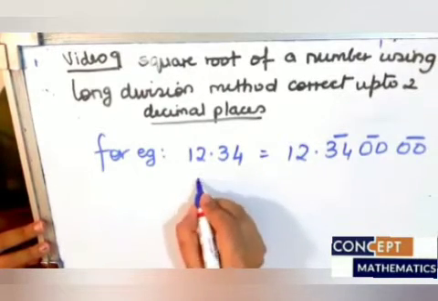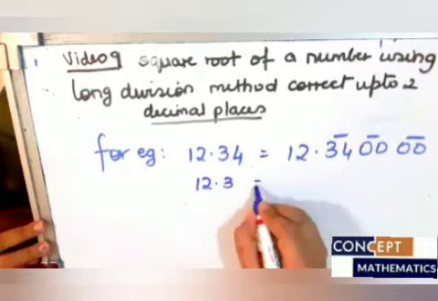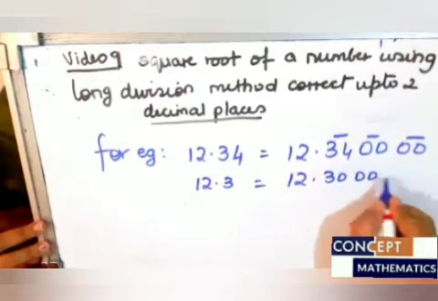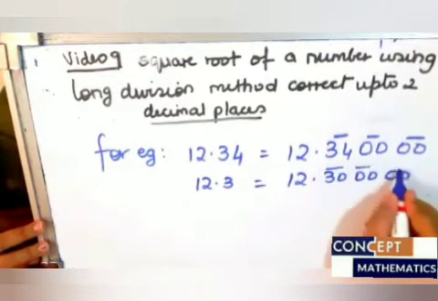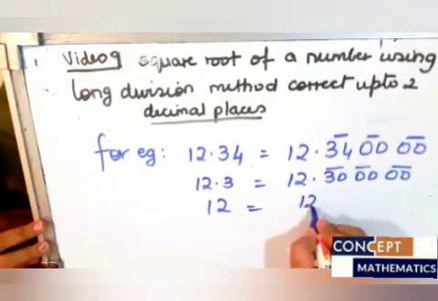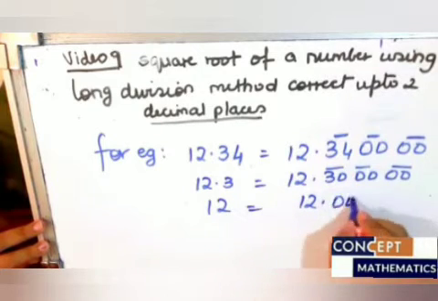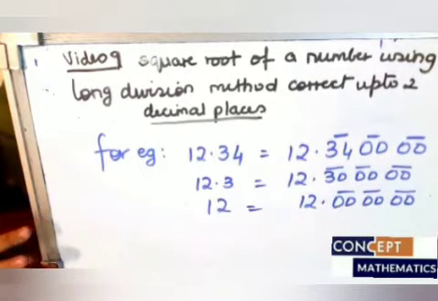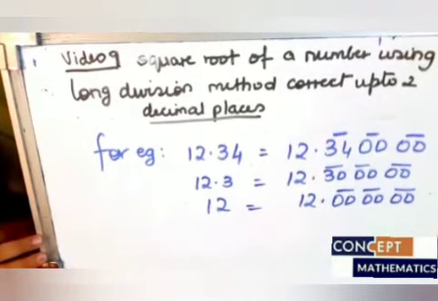Then 12.3 would be written as 12.300000. Again pairs of 3. And if it is a natural number 12, then 12, then a decimal, then 00, 00 and 00. So this becomes 3 pairs.